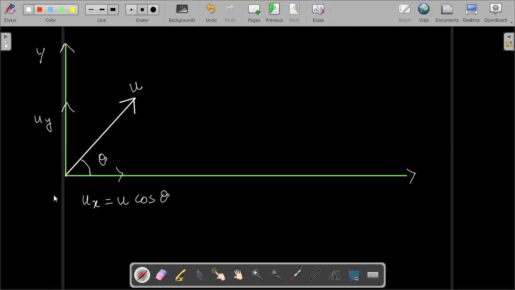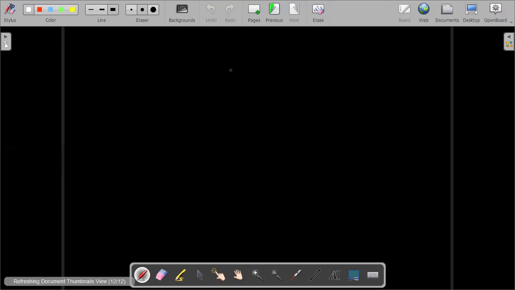Have we studied how to make the component of a vector? No, sir. Okay, so just as an introduction I'm giving you, how can we make the component of a vector along two directions? I say the resolution of vectors.